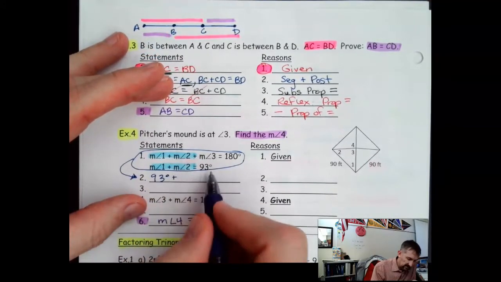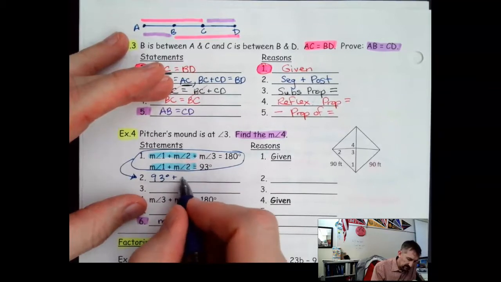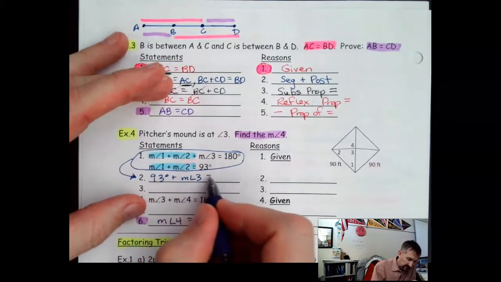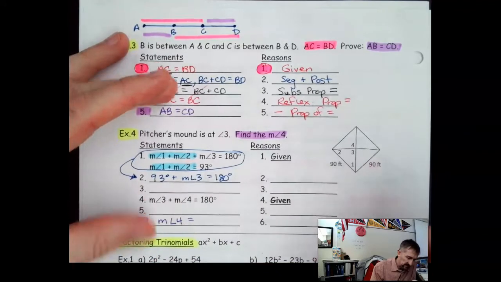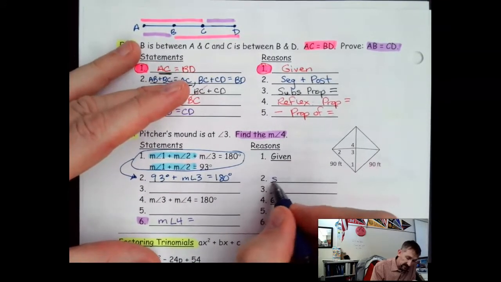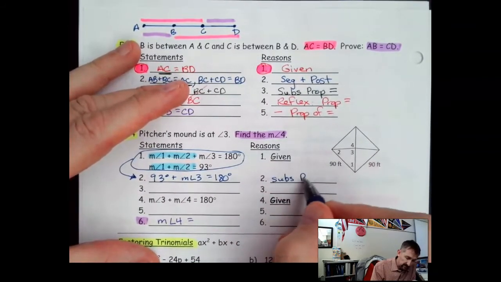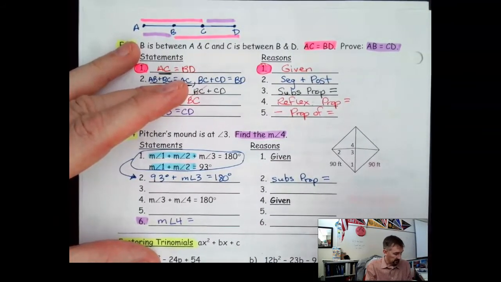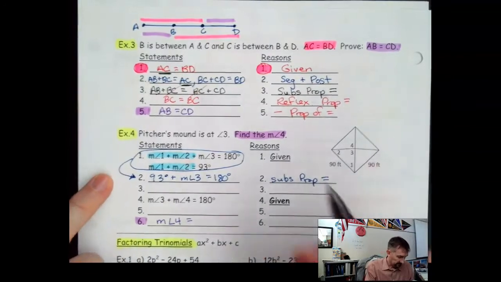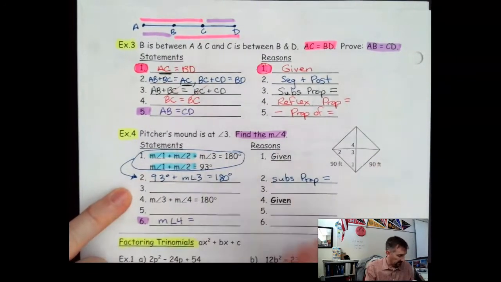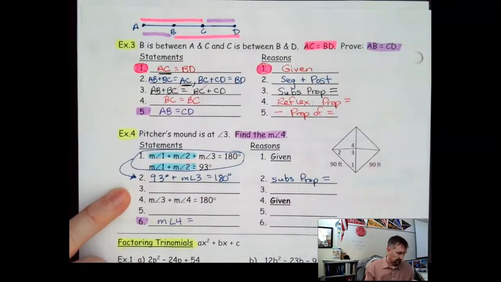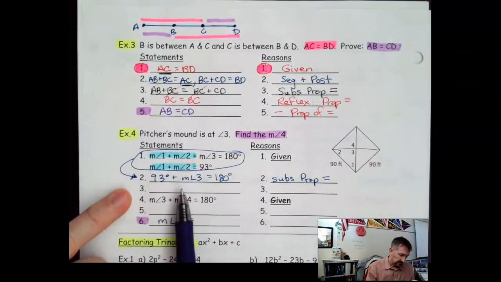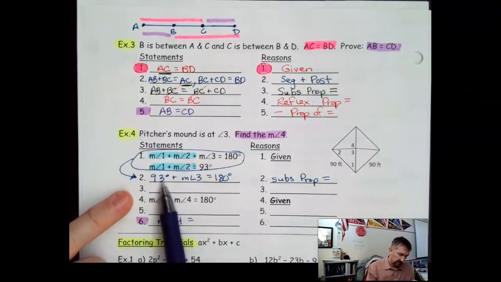Now this is gone because I switched it for this, plus the measure of angle 3 equals 180 degrees. And we just said that's the substitution property of equality. And that came from there. Now, if we look at this, we should be able to solve that.